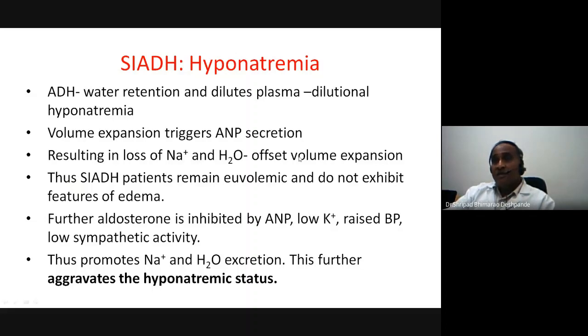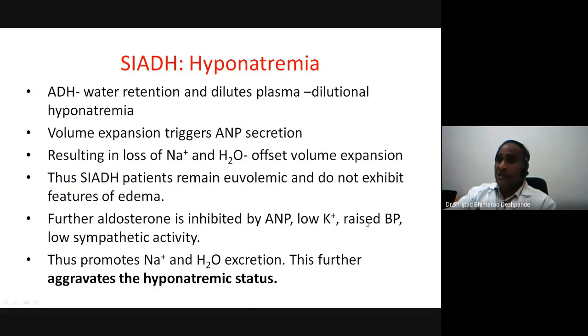In addition, because of the plasma dilution, the plasma potassium concentration falls. High potassium stimulates the aldosterone secretion from the adrenal cortex, so low potassium again does not stimulate the adrenal cortex.